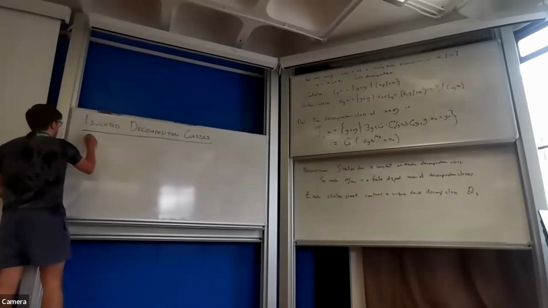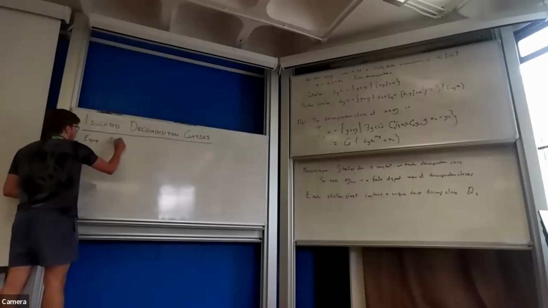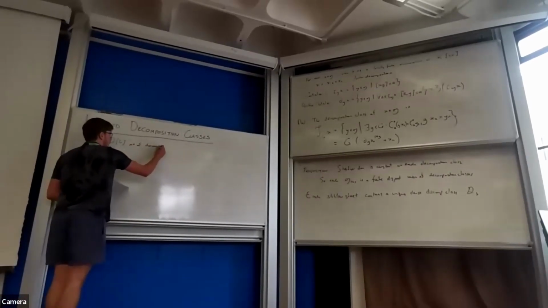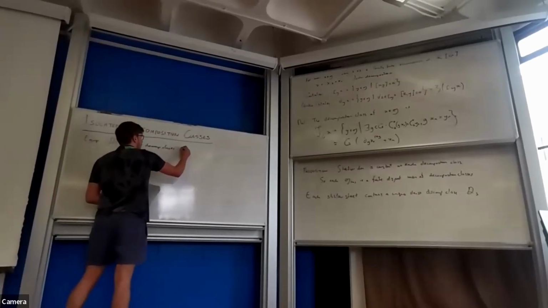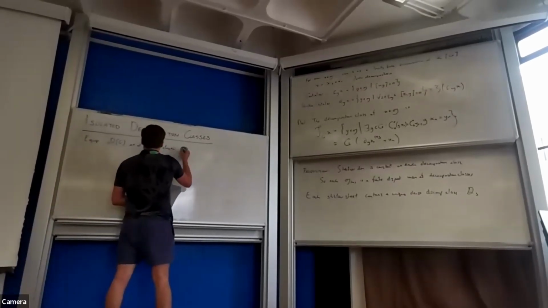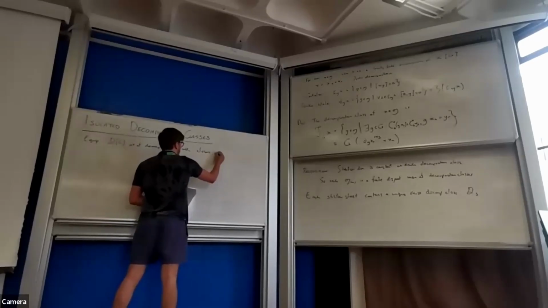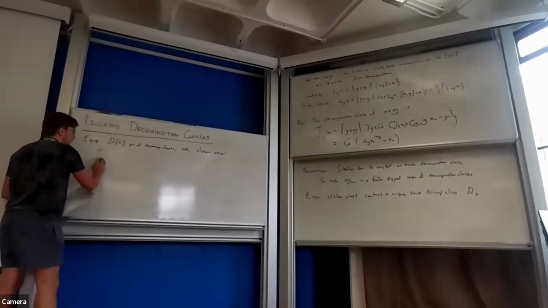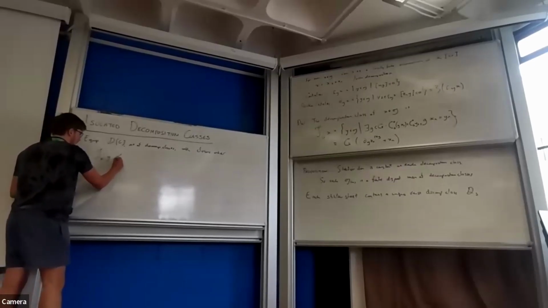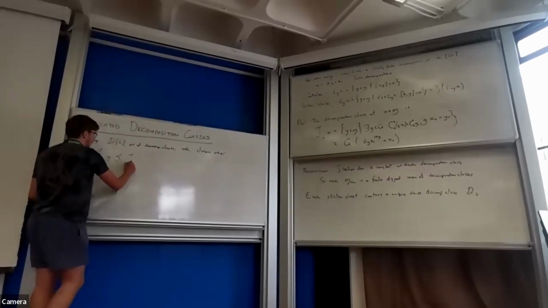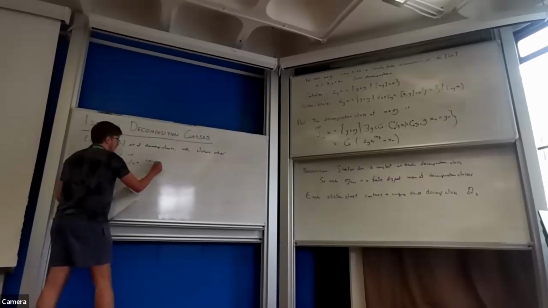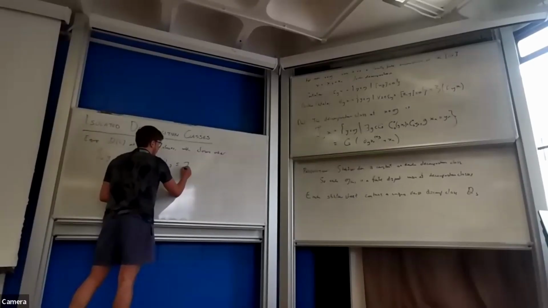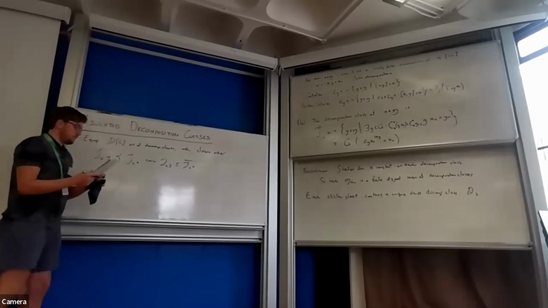So we equip D of G, which is the set of decomposition classes, with the closure order. So it's the same one that you have on nilpotent orbits, in that I say something is less than or equal to another decomposition class if and only if it's contained in its closure.